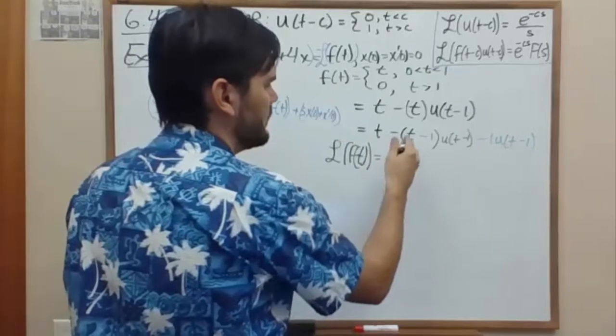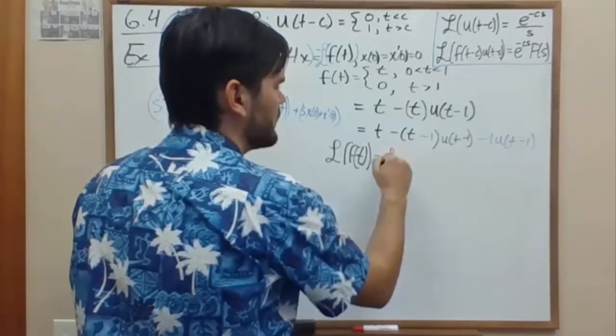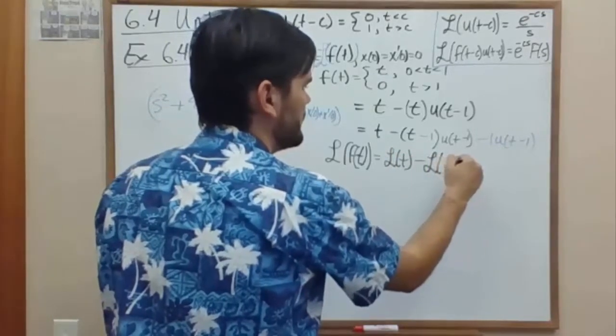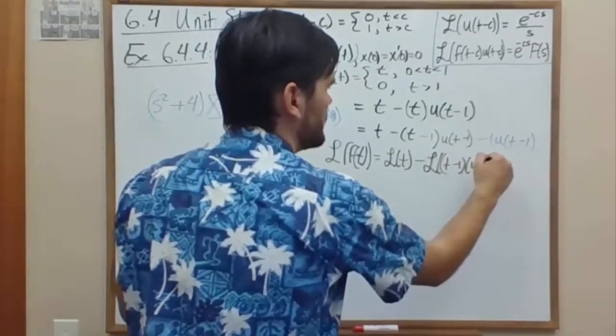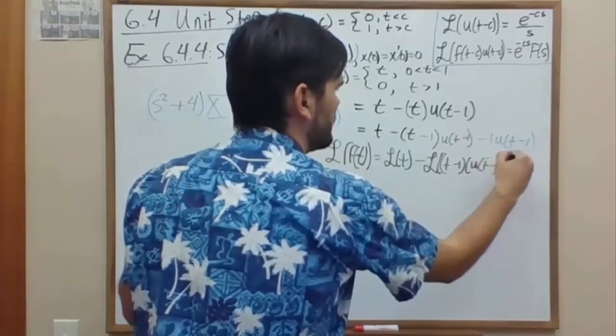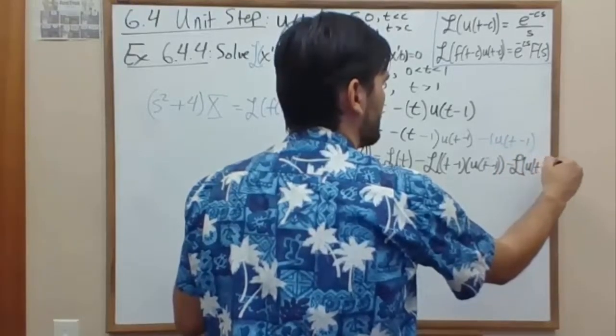Here we have the transform of t minus the transform of t minus 1 times u of t minus 1, minus the transform of u of t minus 1.